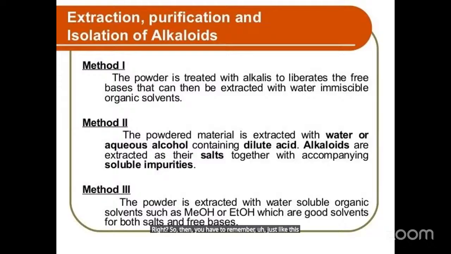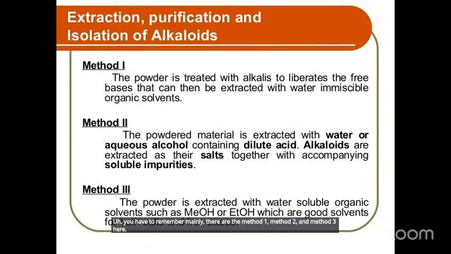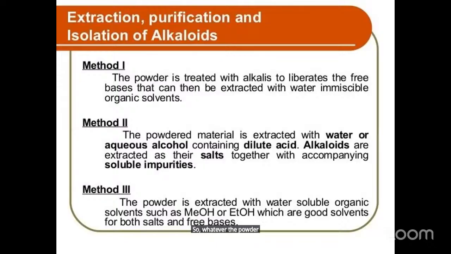For extraction and purification, you have to remember mainly there are method 1, method 2, and method 3. Whatever the powder form, amorphous form, that is treated with alkalis, particularly NaOH, to liberate free bases that can be extracted with water-immiscible organic solvents.